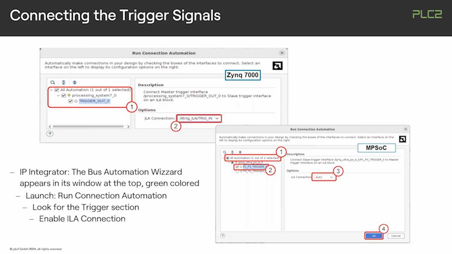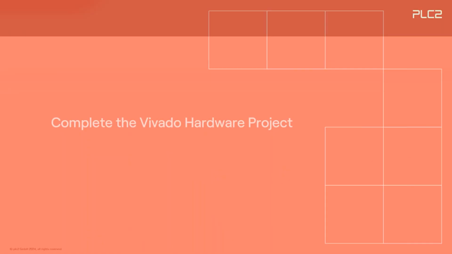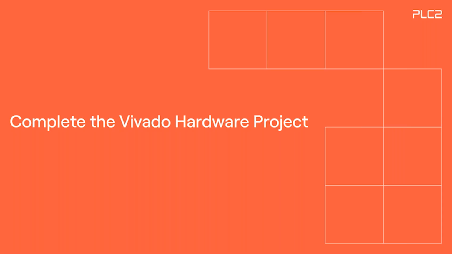And therefore you can select here what you at least see as a text string, which means an integration of an ILA core with an auto connection to the trigger port. And therefore, this is the easiest way, but you can also instantiate an ILA core in the discrete way and connect the trigger signals in a manual step.